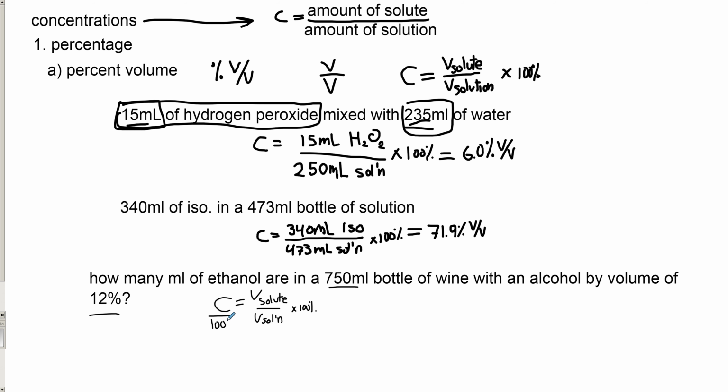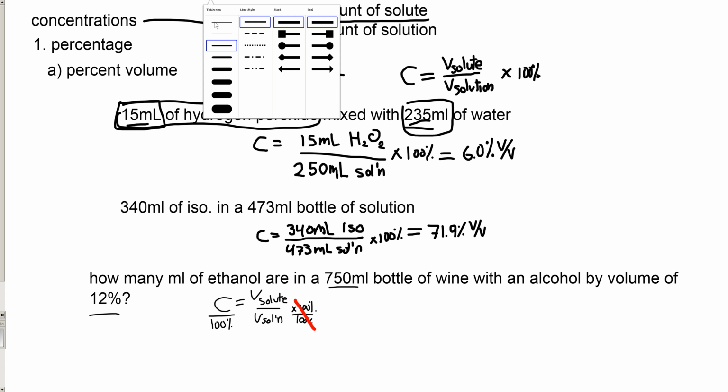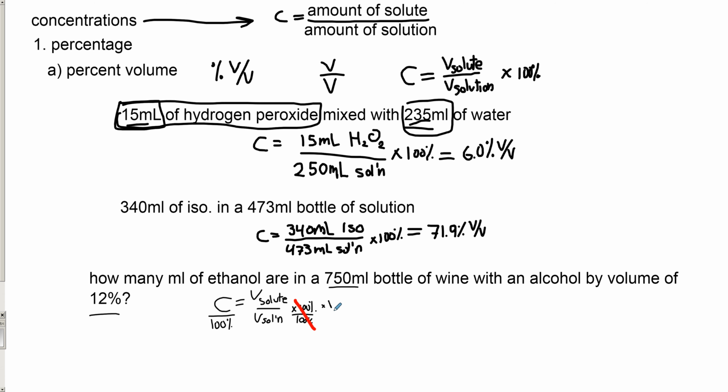So the first thing we need to do is divide by 100%, and that's going to let us get rid of 100% on that side. So we're starting to isolate V solute, and then I need to multiply both sides by V solution. And I'll multiply by V solution on this side as well.